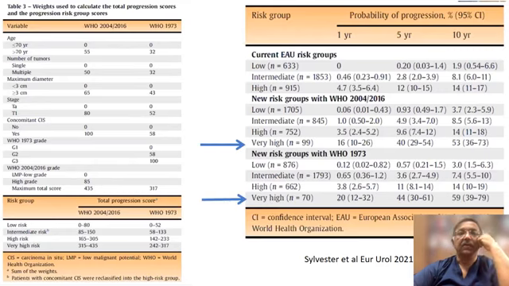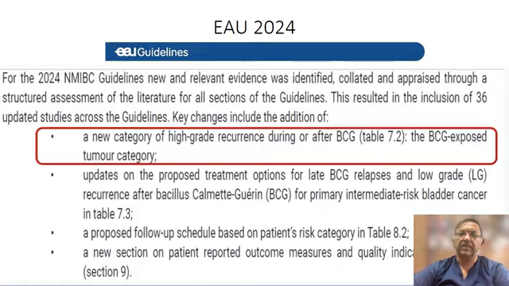So it's significantly higher in the very high risk group, and it's important that we differentiate. At 5 years, it is 10 versus 40%, a 4 times difference in progression potential. So this new category of very high risk bladder cancer has been identified and classified, and now it should be used to distinguish high from very high risk, because the treatment varies significantly.